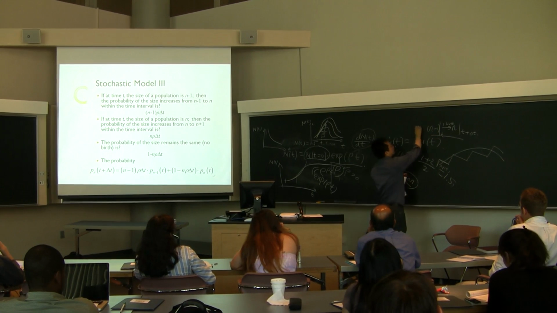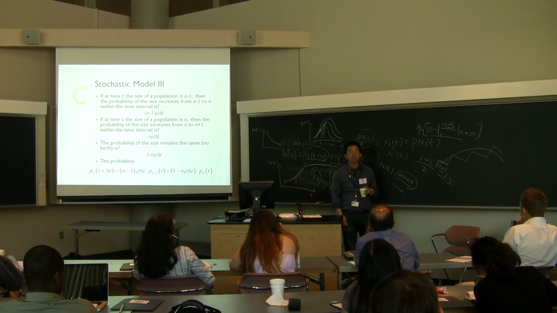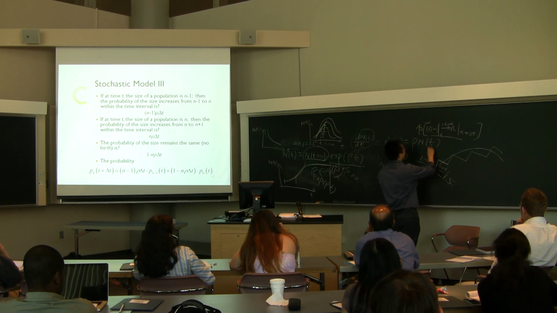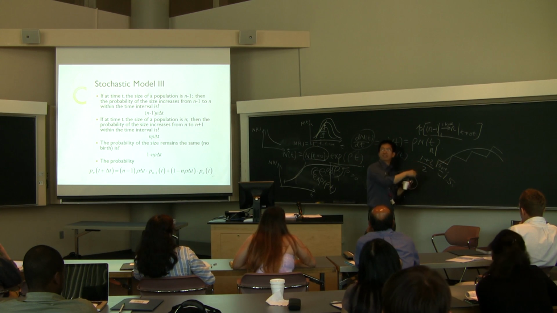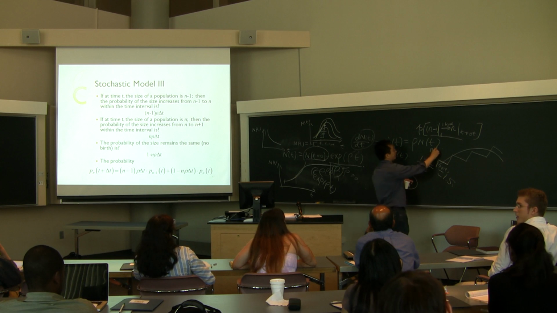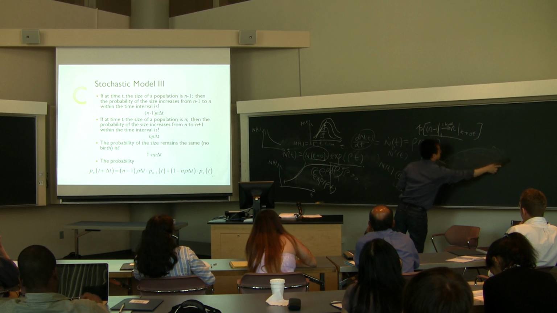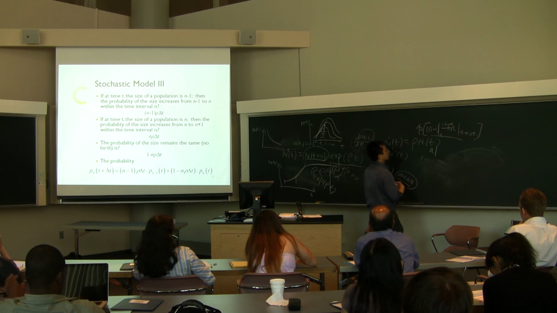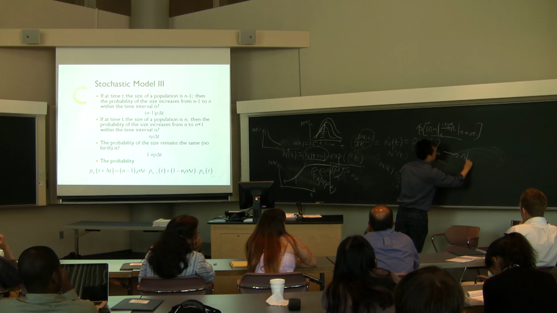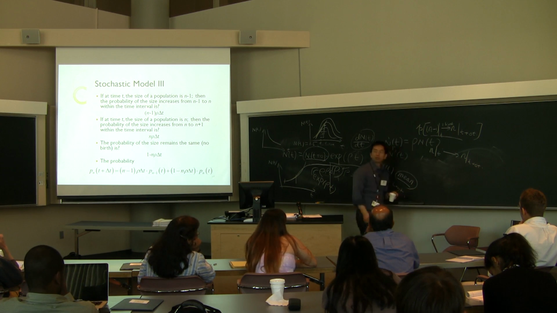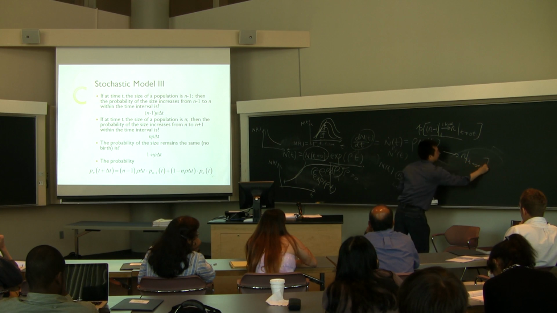Then we calculate the probability of this event. Similarly, if I already have n cells, then after a time interval the cell number can remain the same, so I also take this probability.